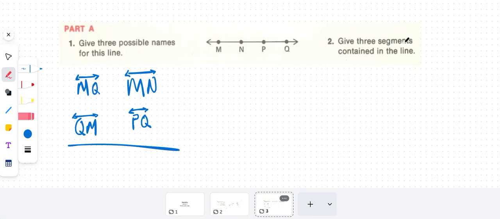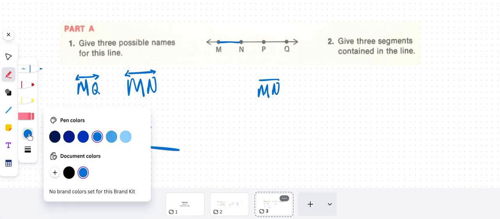The second question says give 3 segments contained in the line. So there's lots of segments in this line. Now if I wanted to talk about this segment right here, starting at M and going to N, I could call it MN, or I could call it NM. Now a different segment besides that one could be, let me see if I can switch colors here.